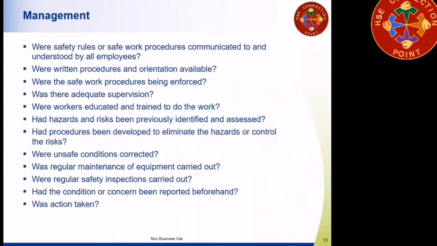Had procedures been developed to eliminate the hazards or control the risks? Were unsafe conditions corrected? Was regular maintenance of equipment carried out? Were regular safety inspections carried out? Had the condition or concern been reported beforehand? Was action taken?